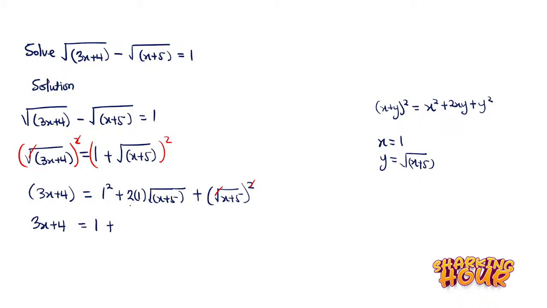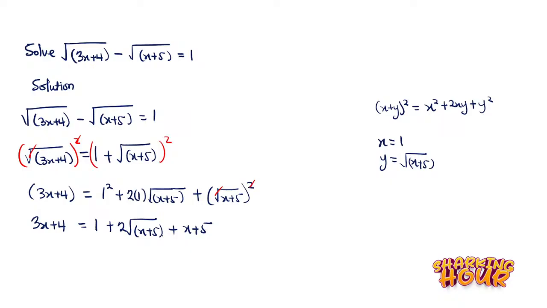Then plus 2 multiplied by 1 is 2. Then I maintain the root of x plus 5. Then plus, the square has already taken care of the root sign, so I have x plus 5 left over here.